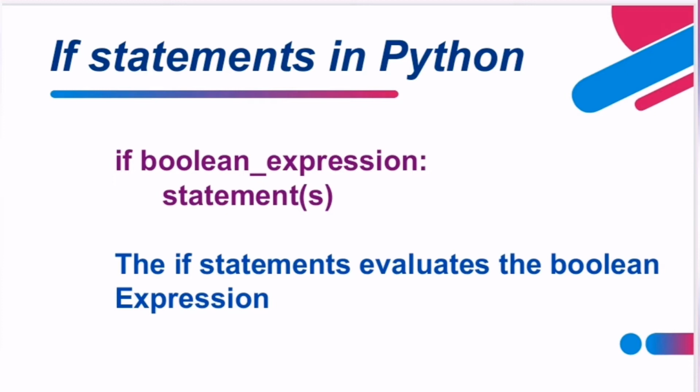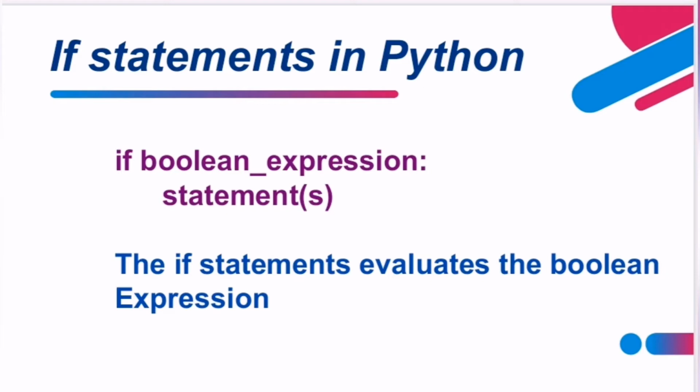If statement. The syntax of the if statement is, you can see in this picture, first the keyword if and then the Boolean expression. The if statement evaluates the Boolean expression. If the Boolean expression evaluates to true, the body of the if statement is executed. If the Boolean expression evaluates to false, the body of the if statement is skipped.